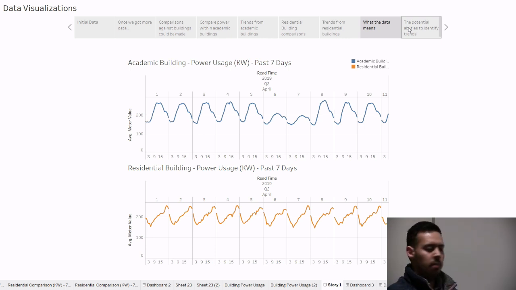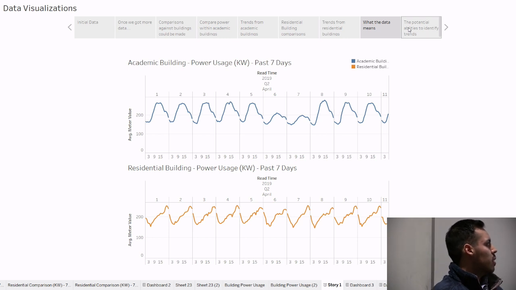And so again, here we can make comparisons against different types of buildings. We can see the academic and residential buildings, and we can notice different types of trends. For example, with the academic buildings, we notice that there's on average less power being consumed on the weekends compared to the weekdays. And again, this could be because it's not a typical workday, and there's no staff and faculty inside the building.